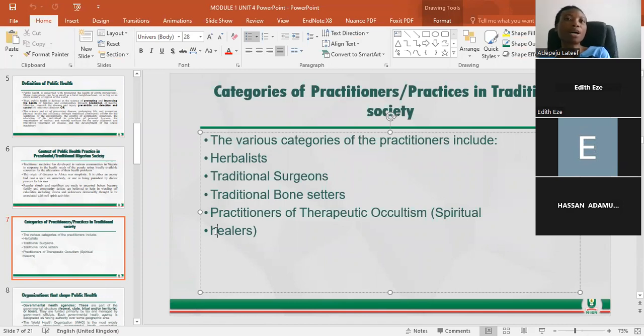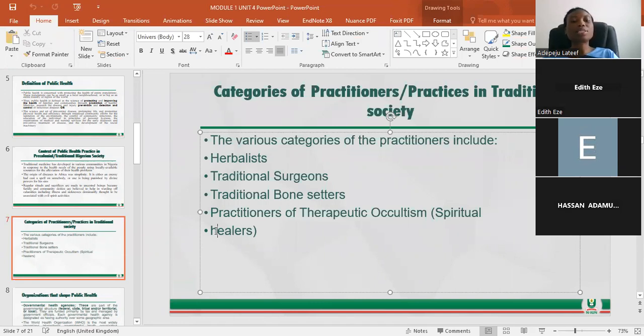They must refer to doctors and to the hospital. That is very important. But they are the first point of contact in the community. We can't play ignorant of that.